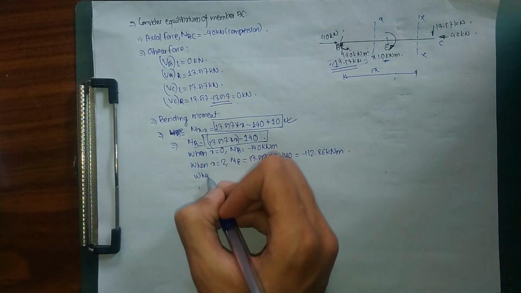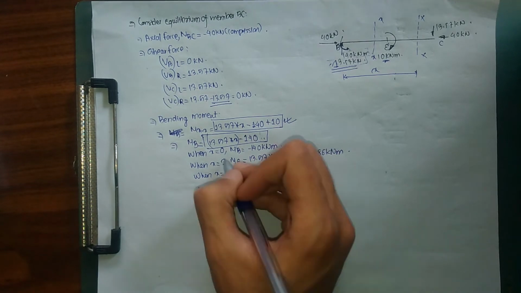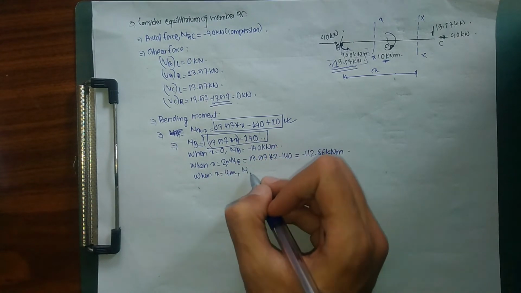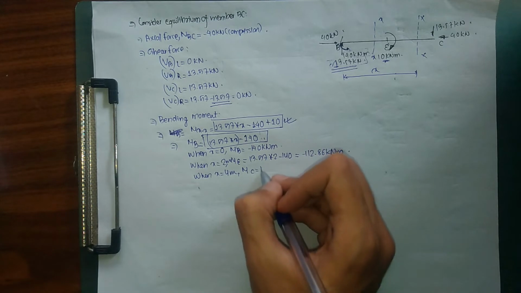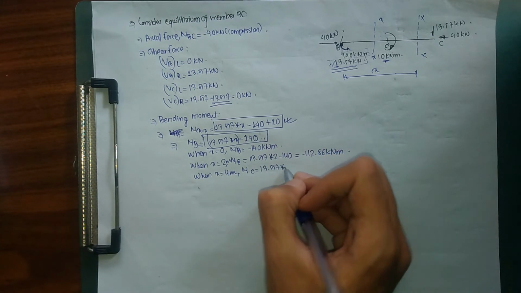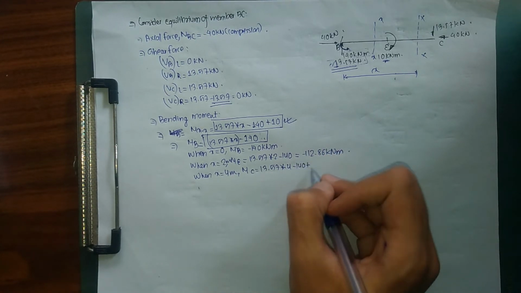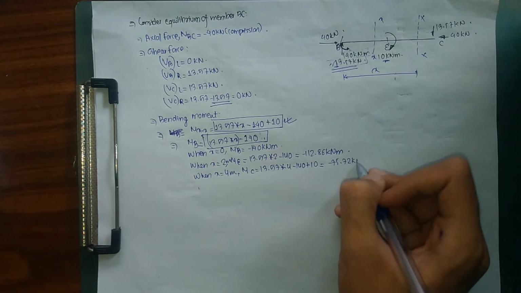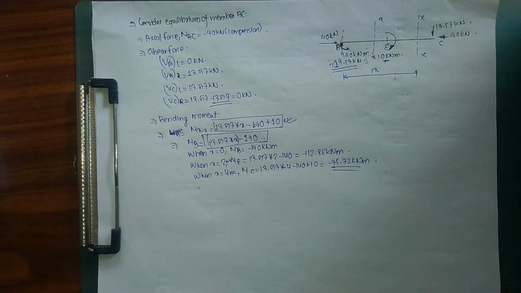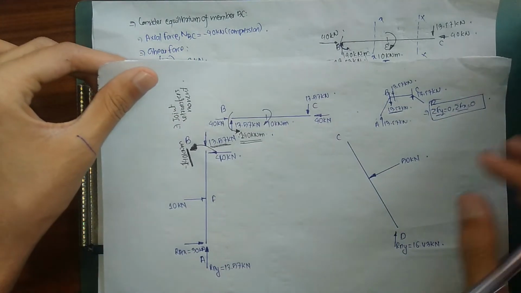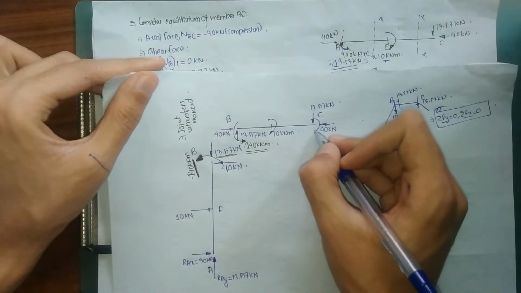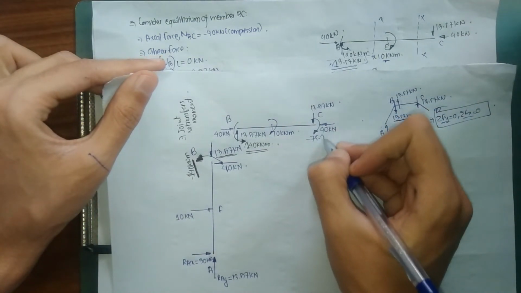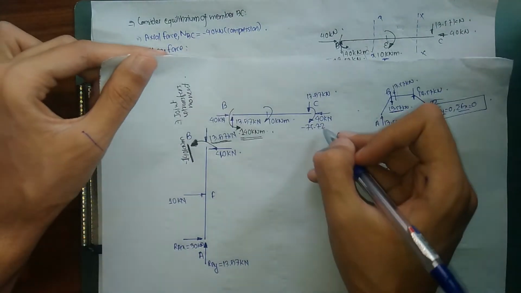So when x equals 4 meters, bending moment about C will be equal to 13.57 into 4 minus 140 plus 10 as well, and it's going to be equal to minus 75.72 kN per meter. Now this figure is going to get updated, because at C we have minus 75.72 kN per meter.